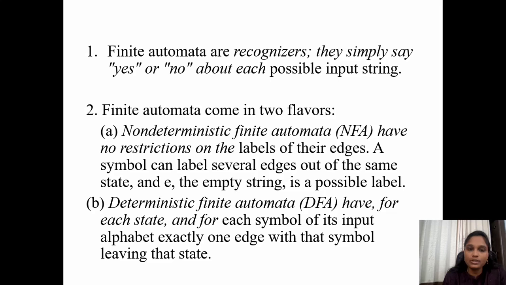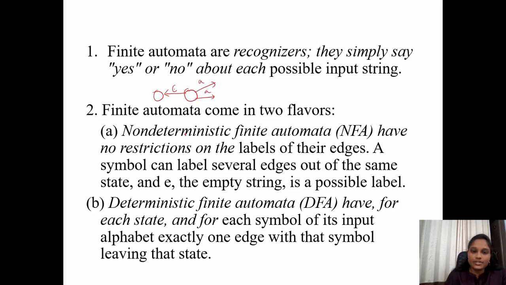The difference between non-deterministic and deterministic finite automata is that in non-deterministic, there are no restrictions on the labels of their edges. That is, when we have a state, there is no restriction on the input symbols. We can have more than one edge for a single input symbol, and also we have the privilege of having an empty string, or epsilon, which can move to another state.